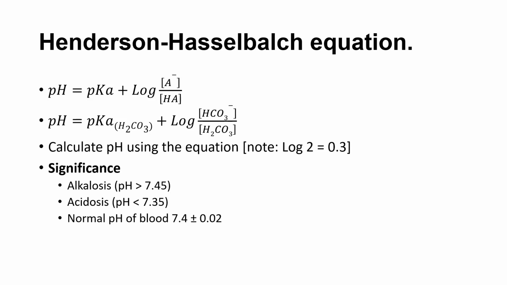If the pH is more than 7.45, it is known as alkalosis, because there is more base present in the blood. If the pH of the blood is less than 7.35, it is acidosis. It means the pH is less than required. We know that the normal pH of the blood is 7.4 plus or minus 0.02, so it will be around 7.38 to 7.42.